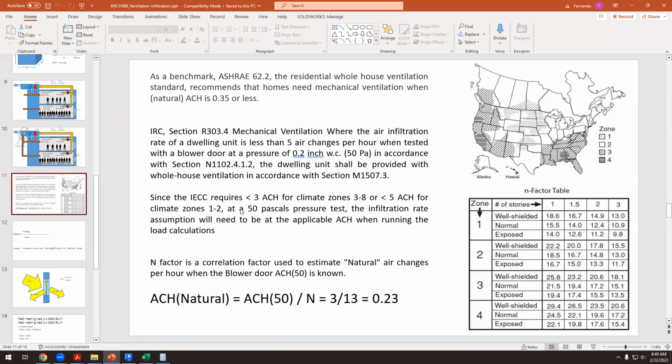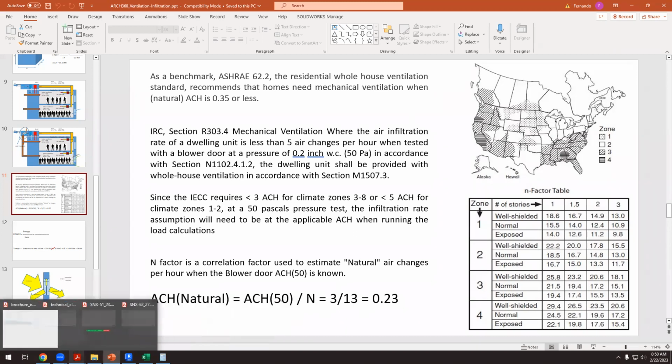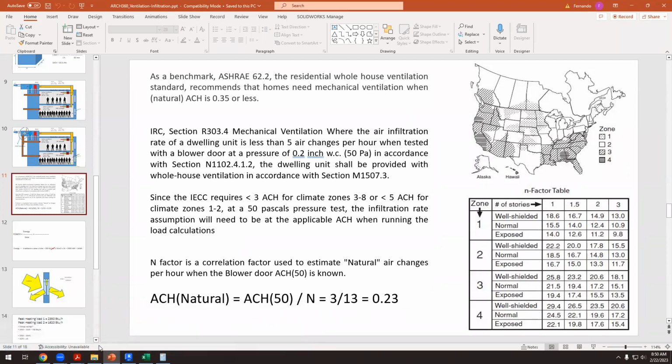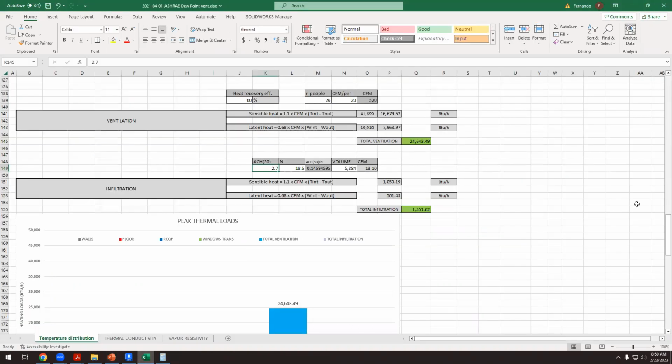Because there should be passive house requirements for air tightness. And off the top of my head, I think the requirement for a passive house building, ACH at 50 pascals, I think it has to be 0.6.